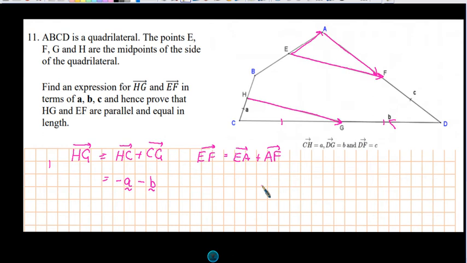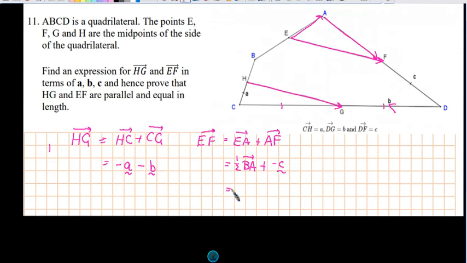Okay, now we've got a problem. What is our problem? We don't know EA, but would we agree EA is half of BA? And AF, we know, is minus C. Agreed? With me, hands? All right, our problem was BA. B to A. Would we agree that B to A is BC plus CD plus DA?